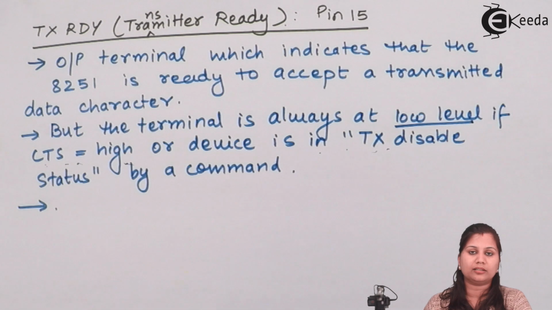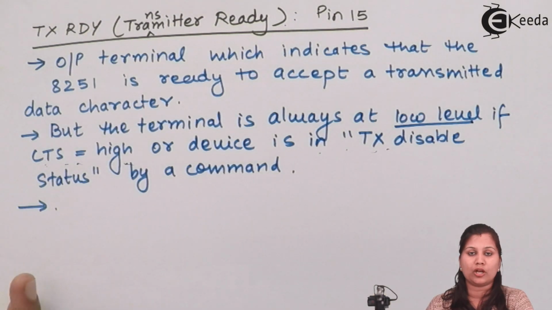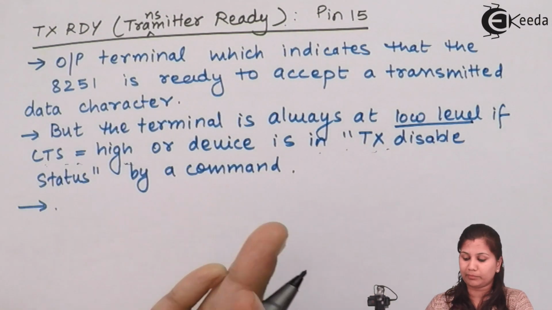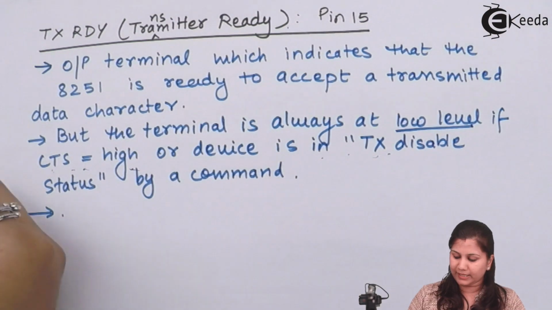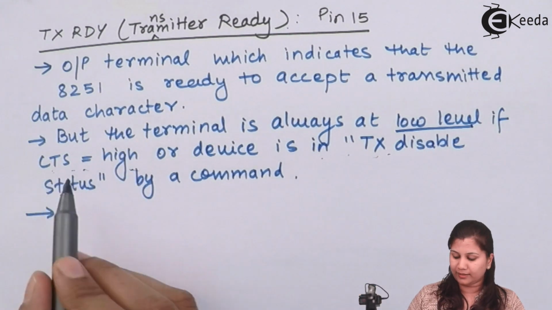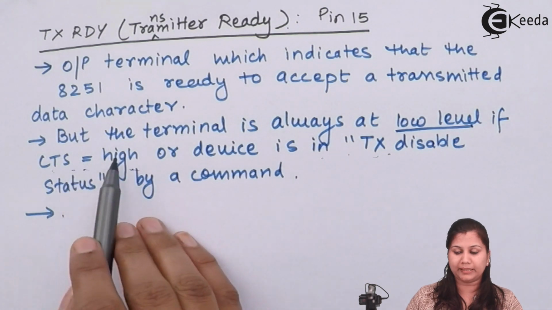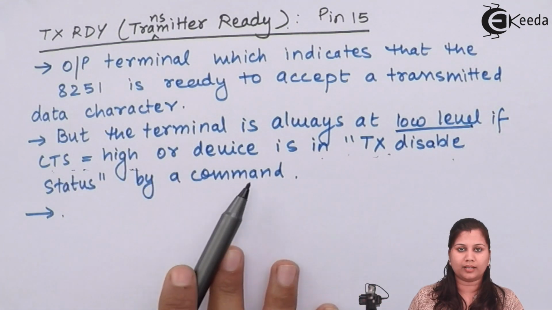We can write a command in the control word, and that command is going to disable the transmission. So when transmission is disabled, this pin will be at low level. So TX ready will be low if the clear to send pin is high, or the transmission is disabled by a command.